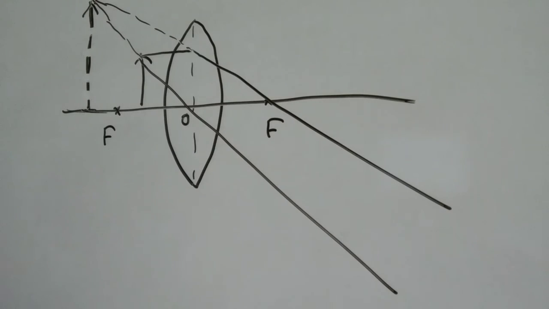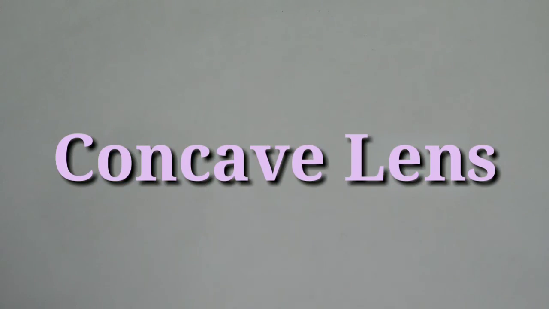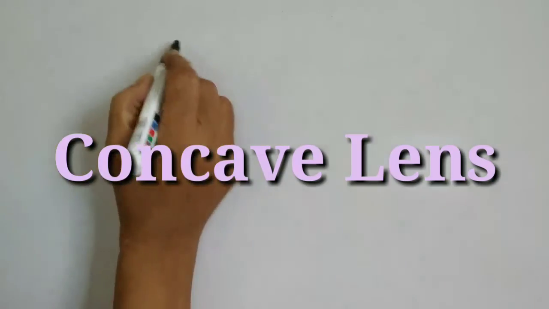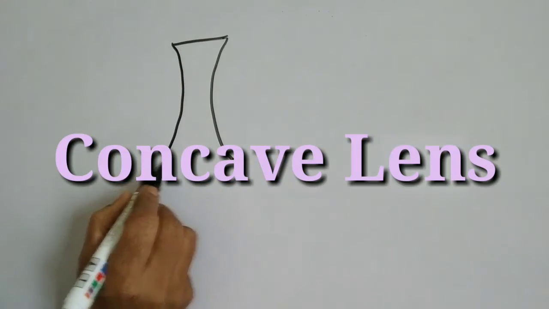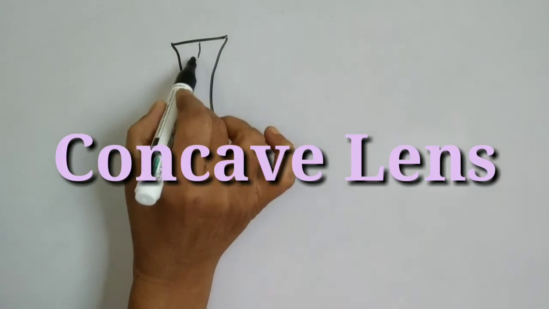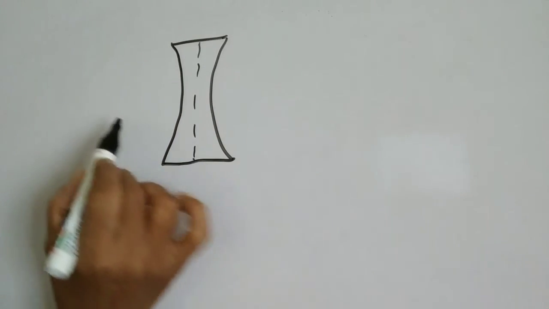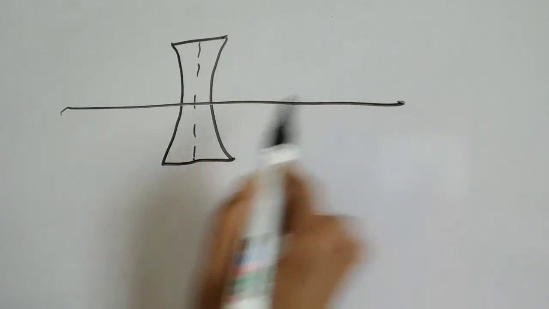Next, we pass on to the concave lens, where the difference is that it is a diverging lens. Concave lens is a diverging lens, and instead of convergence, here the rays are diverging.